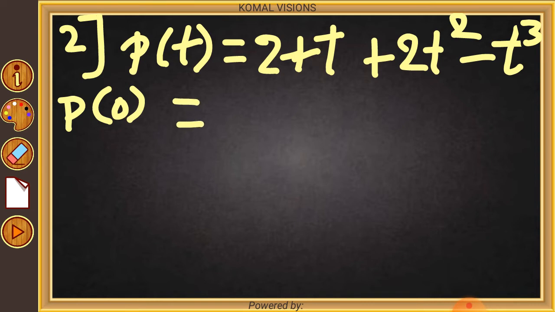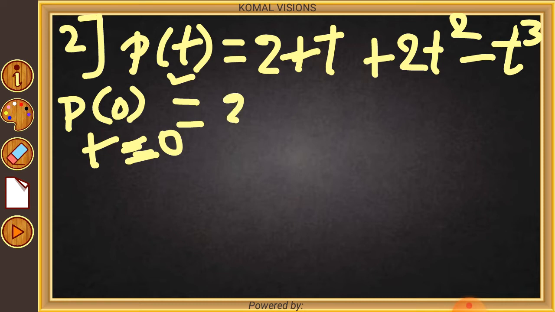Here the variable, if you guys can see, is t, whereas for the before problem it was x. Now all we have to do, in order to find the value of the polynomial, is insert t as 0, and here you should be very careful. By looking at the problem itself, you should get some idea which method to implement in order to get the solution. That means for p of 0, t you should implement as 0.